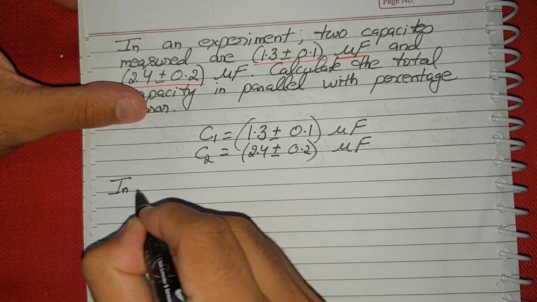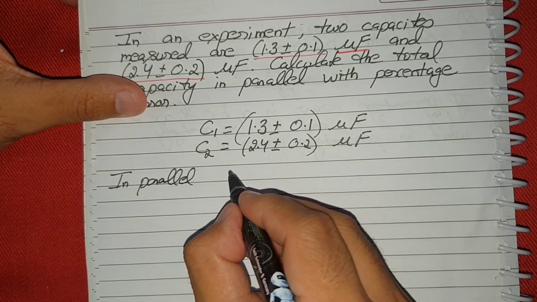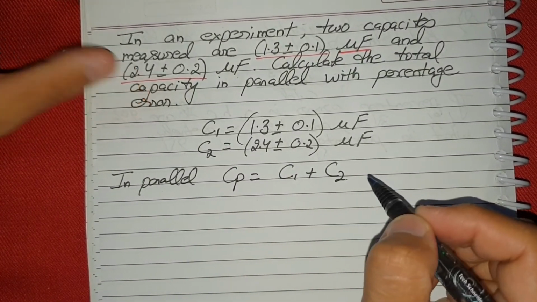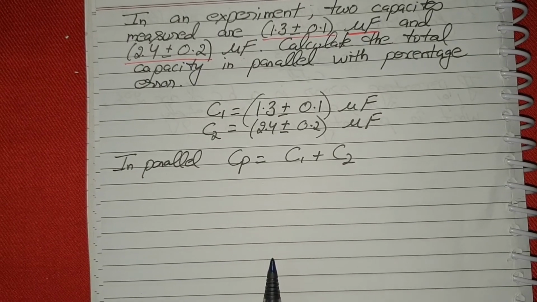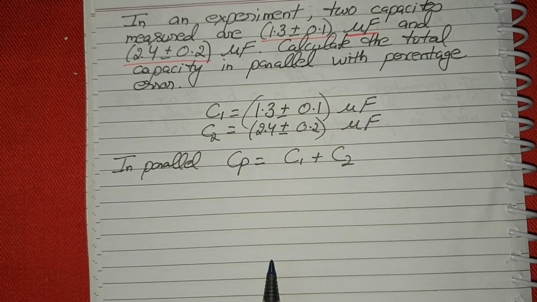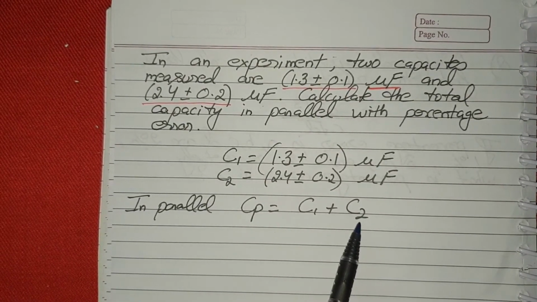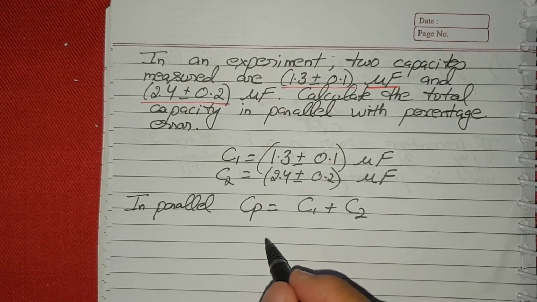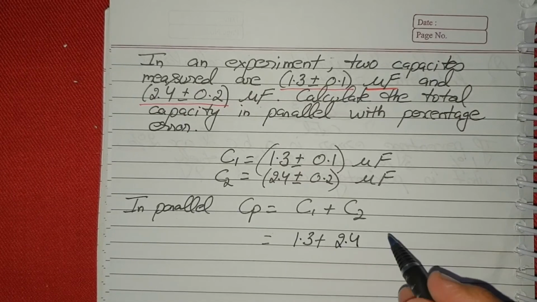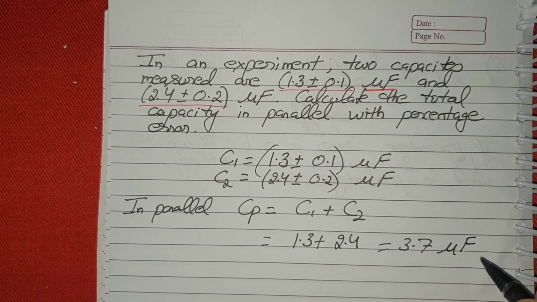Let the result be Cp, which is equal to C1 plus C2. So in a parallel circuit, Cp is equal to C1 plus C2. Now, what will be Cp? C1 plus C2, that is 1.3 plus 2.4. So this will be 3.7 microfarad.